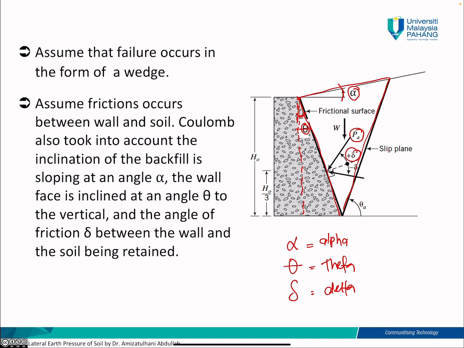Since Coulomb assumes there is friction between the walls and the soil, that is why you will need to get those angles. And Coulomb also took into account the inclination. Dia ada inclination. Inclination tu di mana? Di sini. Let me erase this if I can.